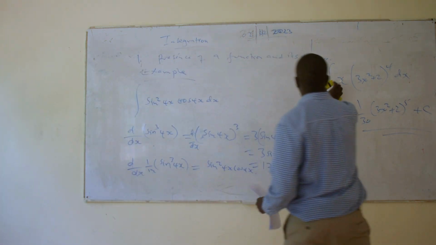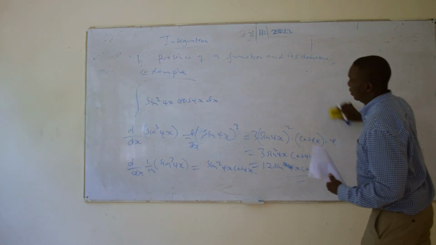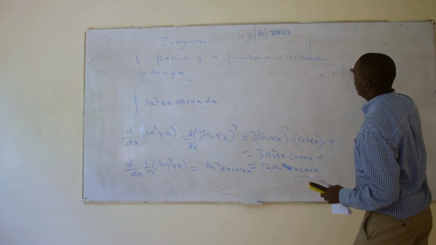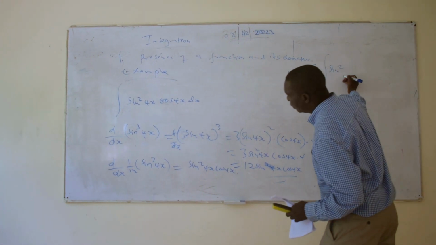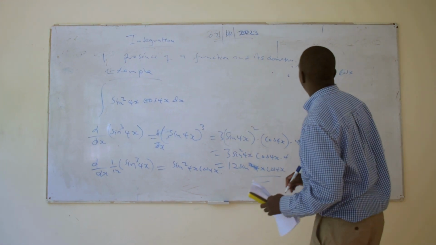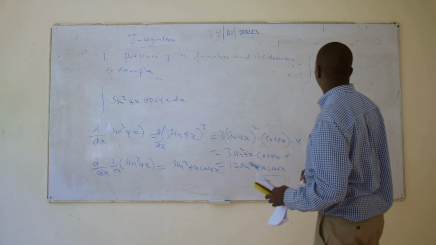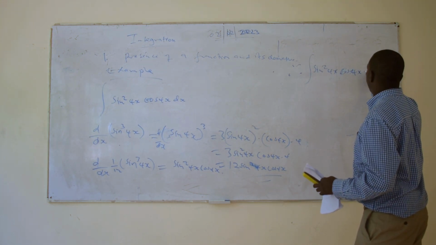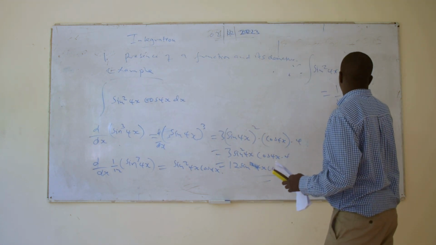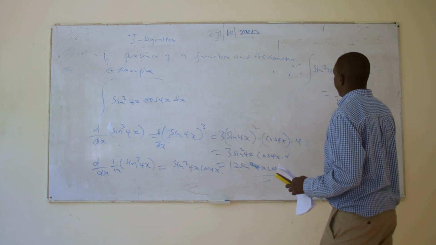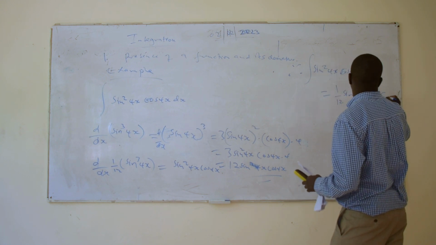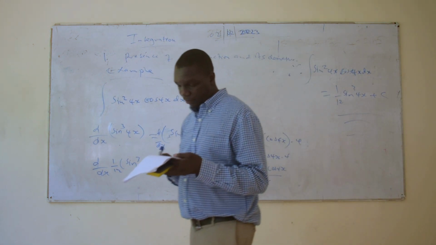It therefore means the integration of sine squared 4x cos 4x dx is equal to 1/12 sine raised to the power 3 4x plus c, a constant term.